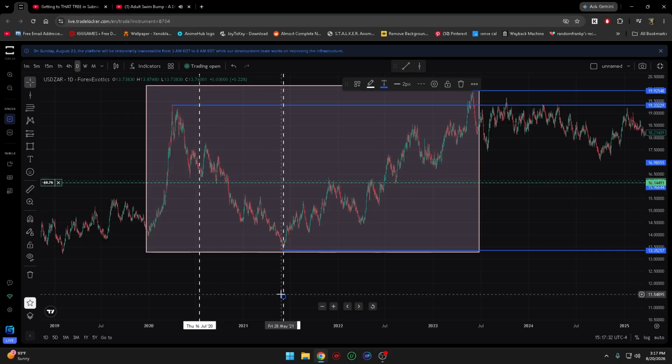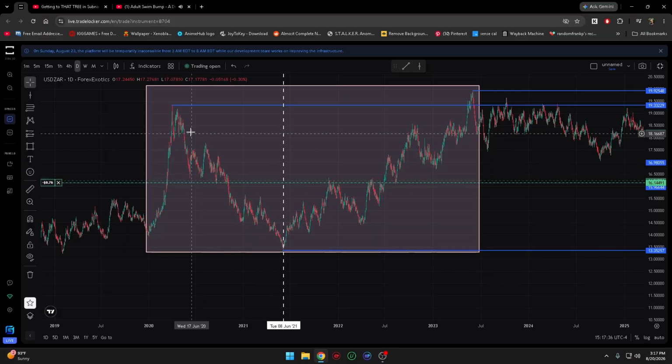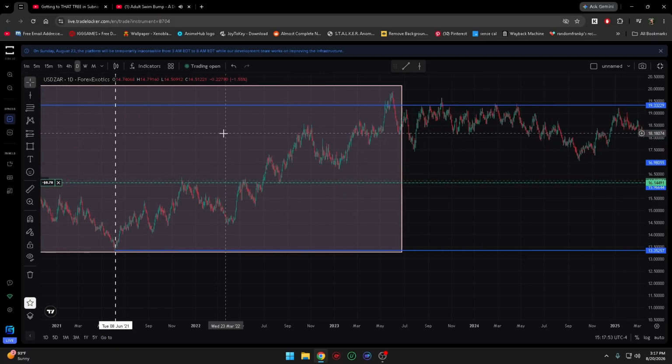Now, what this line right here represents is, this was coming downward from this high to this low, then it ran upward. This high right here came and passed this high, right? Now I just want you to look at this real quick. See what's going on.